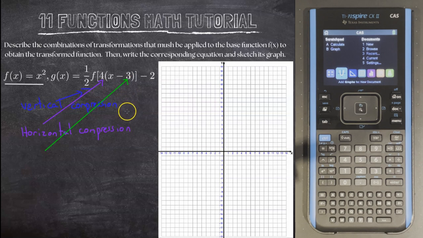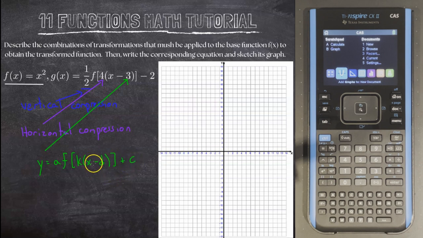This 3, and remember it is +3, not -3, as we would write our overall formula to look like this: y equals a times the function of k(x minus d) plus c.